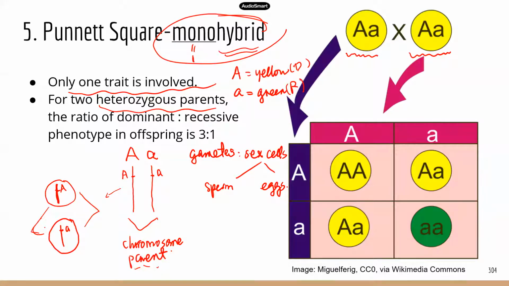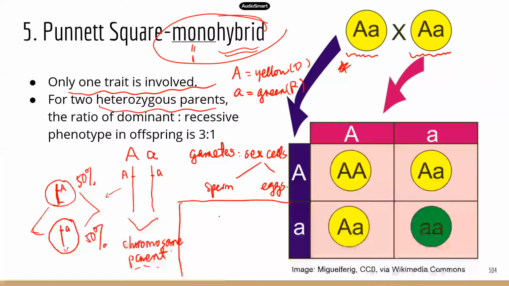So everything's very random. So you can imagine that each gamete, or each allele, will have an equal chance, right? Which is a 50% chance to end up in the offspring. Big A allele has a 50% chance of being in the offspring, and the little a also has the same chance, which is 50% chance of ending up in the offspring.